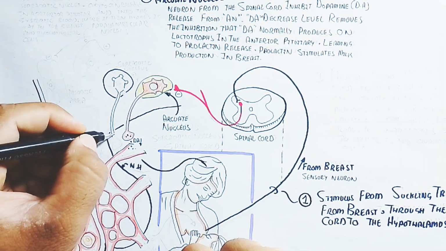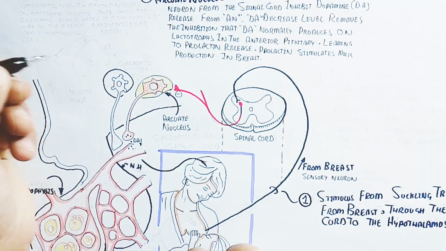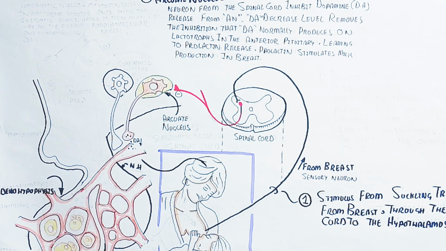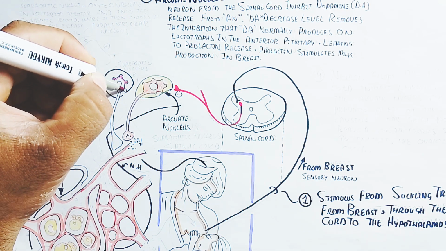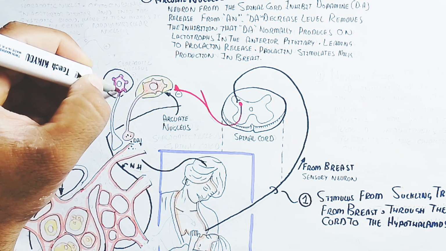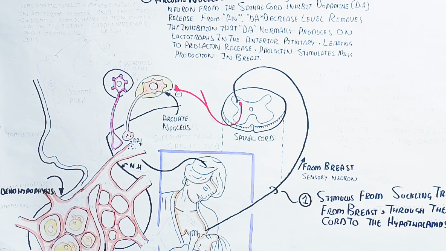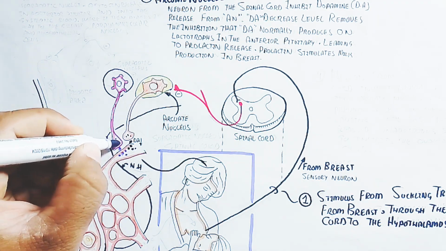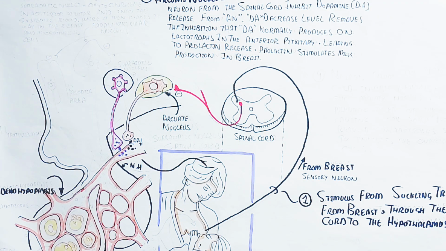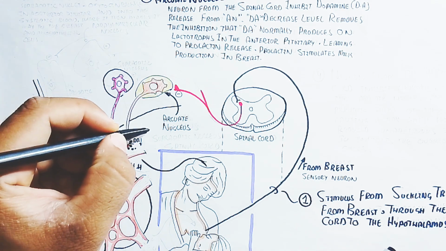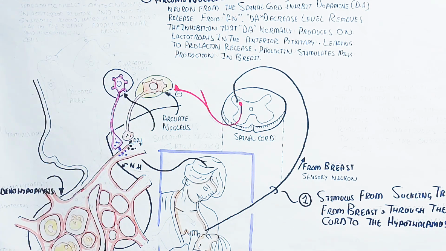Here is another nucleus known as the supraoptic nuclei. The supraoptic nuclei is very important. Basically, it will stimulate the production of oxytocin, and it is a positive feedback: the stimulus from suckling will lead to positive feedback to increase more and more oxytocin.